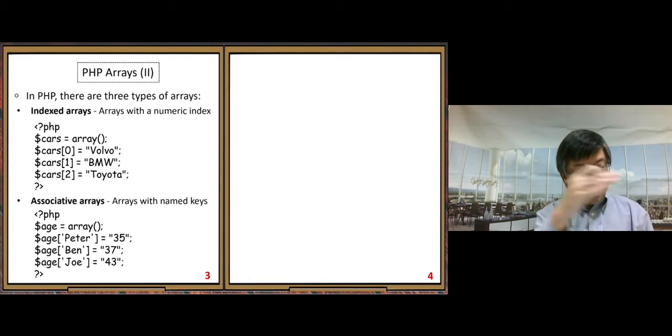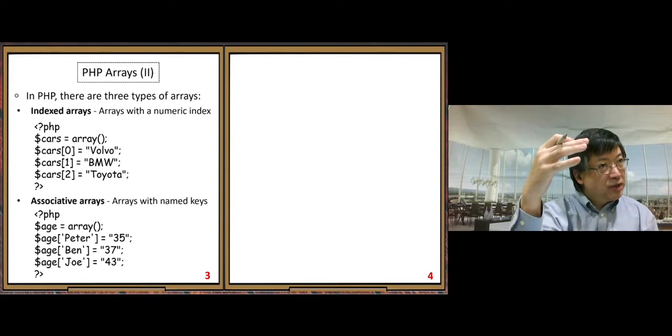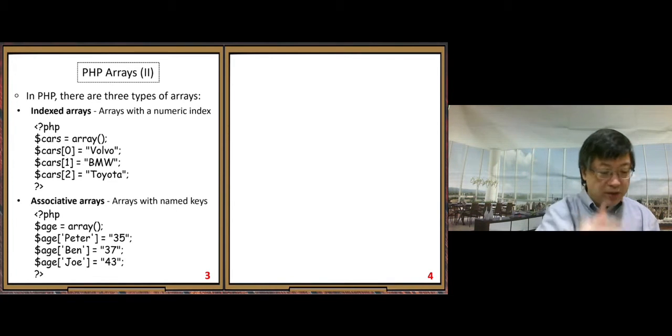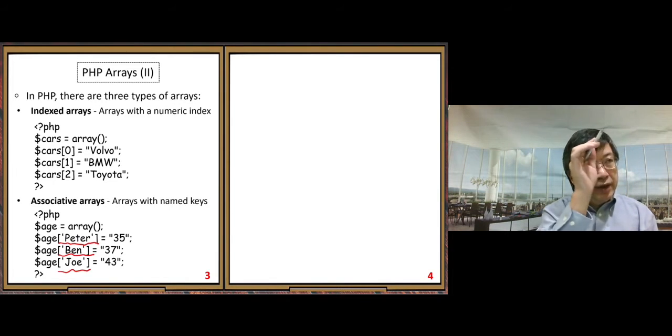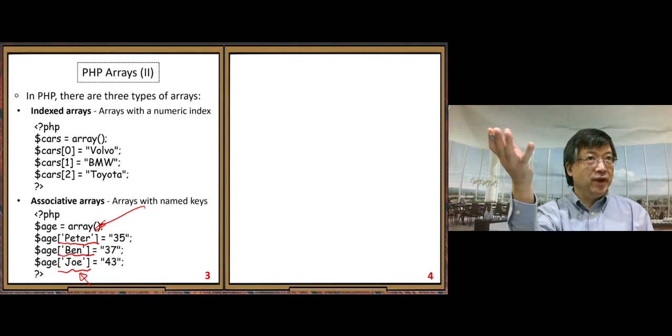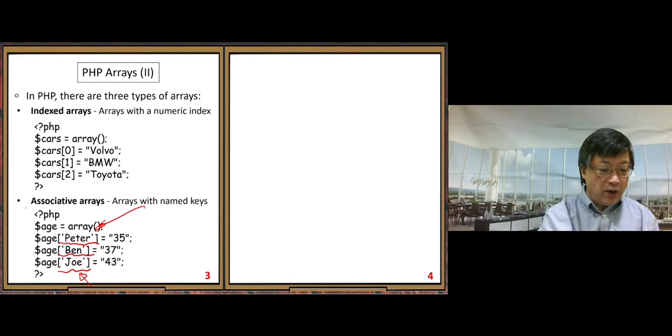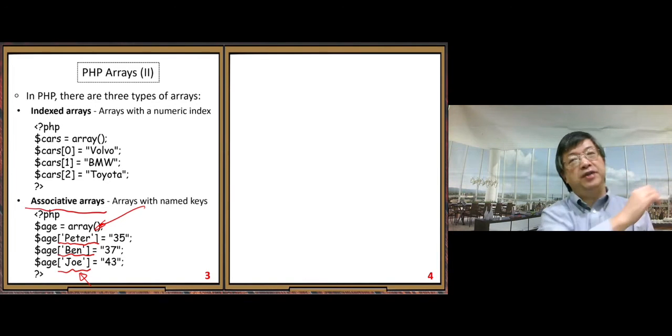Look at a simple example like this. We create an array. When we assign values to the elements, look at the index we use. It's a string index, and we use them as search keys. So it's legal. It is allowed. We call them associative arrays.